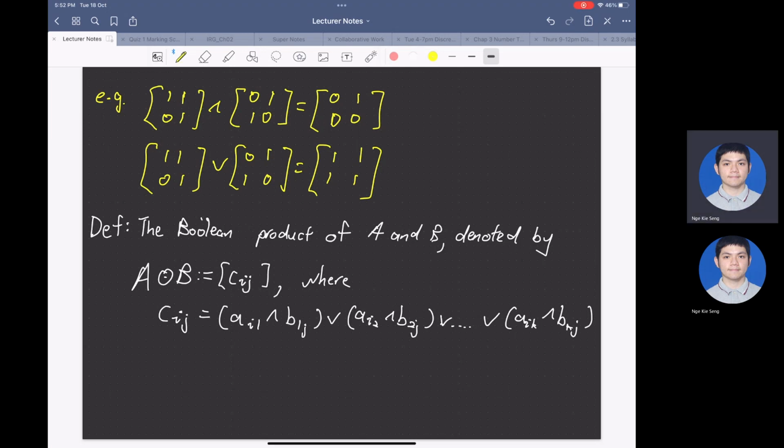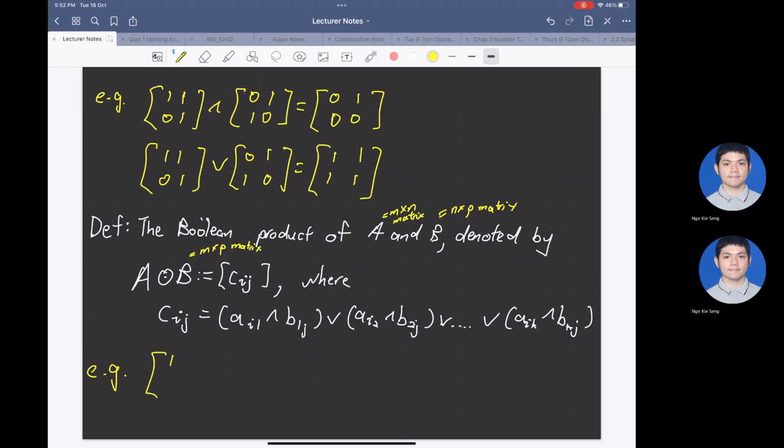For example, this is an m by n matrix and this is an n by p matrix, so the product is an m by p matrix, similar to what we do for normal matrices.